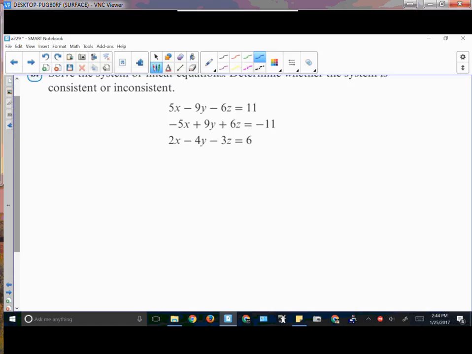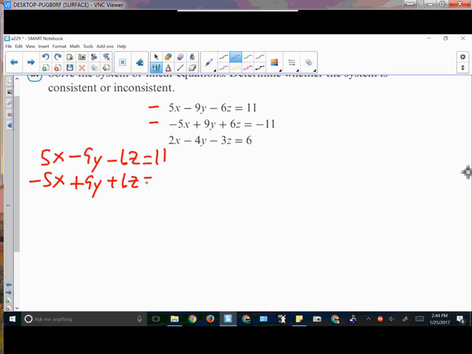The z's. That's the easy one, because I've got those things. So I think what I'm going to do is pair these two up first. Okay, so that gives me 5x minus 9y minus 6z is equal to 11, and negative 5x plus 9y plus 6z is equal to negative 11.